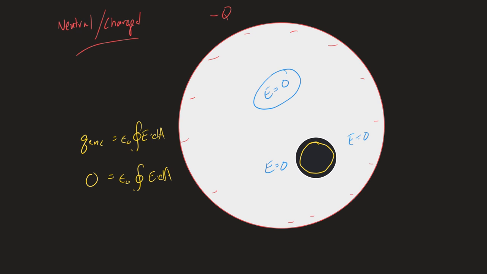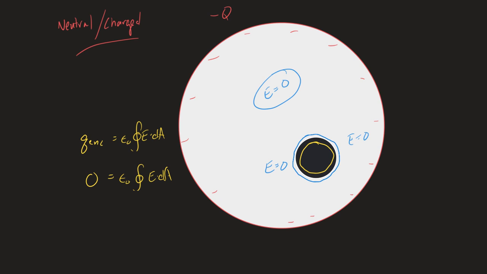It won't be. If you create a cavity inside your conductor, and the electric field is everywhere 0, just imagine what happens if you take my Gaussian surface and make it right here along this inner edge. Everywhere that blue line exists has to be an electric field of 0, because it's inside the metal itself.